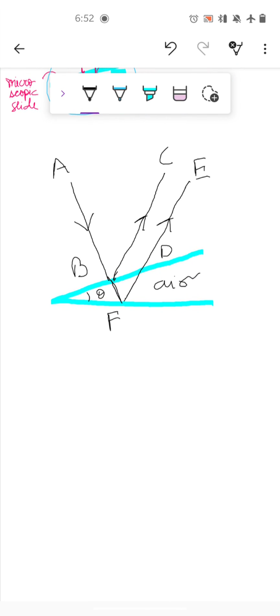What happens at the glass to air boundary and the air to glass boundary? I have told you earlier that whenever a light ray from a rarer medium is incident on the surface of a denser medium, there occurs a phase change of pi radians.